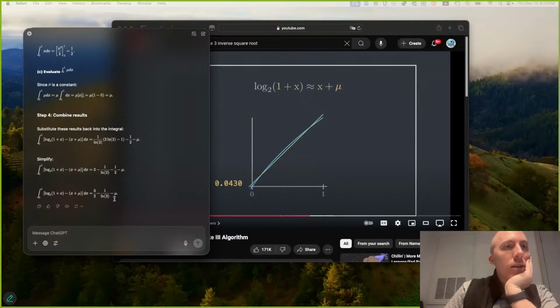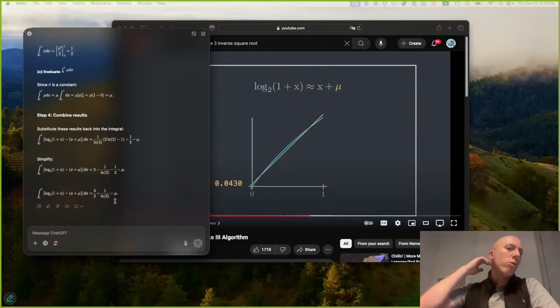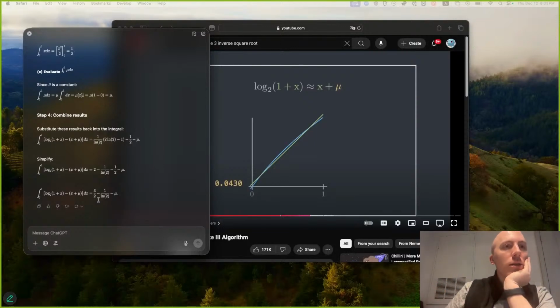So this is saying, no matter what value of mu you pick, this is going to give us the difference of log base 2 of 1 plus x and x plus mu over the range of 0 to 1.